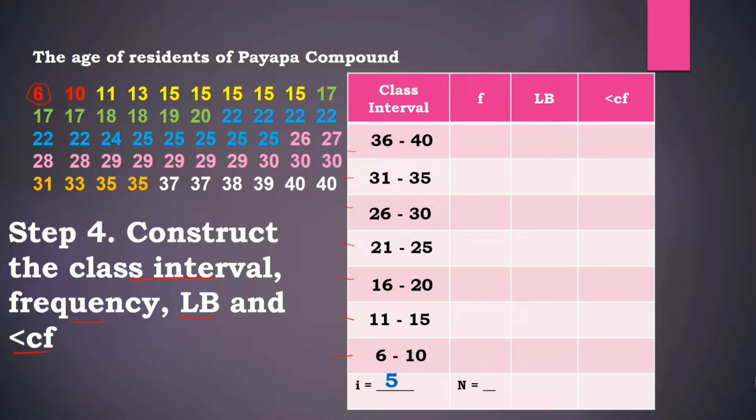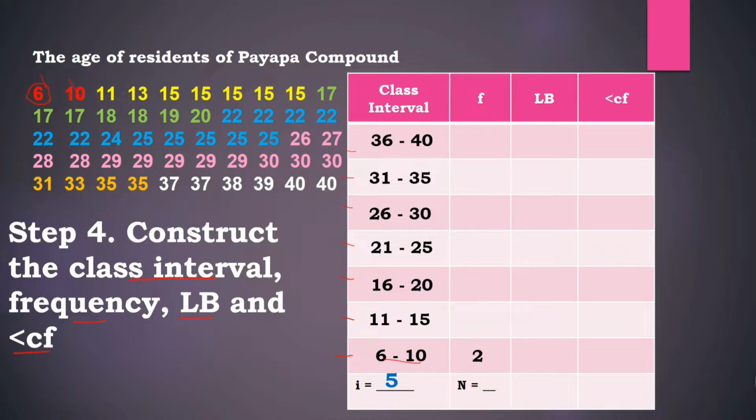Next is for the frequency, we will count how many residents ages 6 to 10. So in this case, i-count natin, that's 1, 2. So there are 2. So the frequency of the first class is 2. Next is how many residents ages 11 to 15.